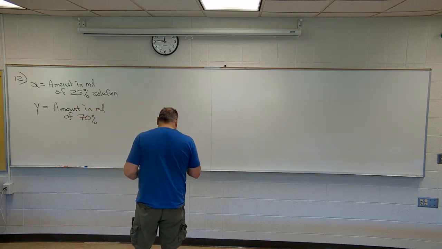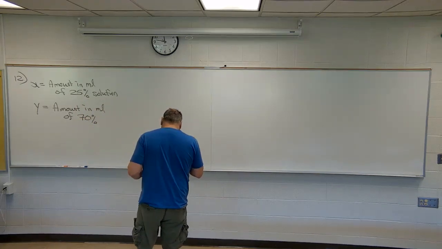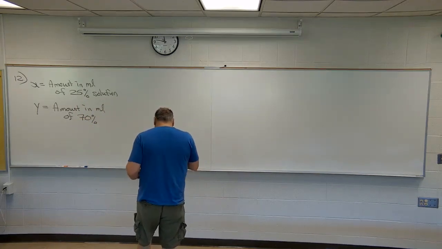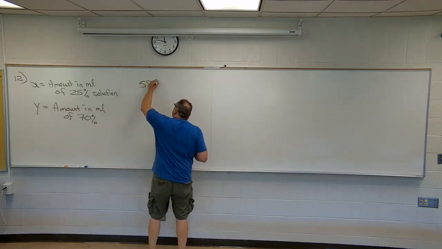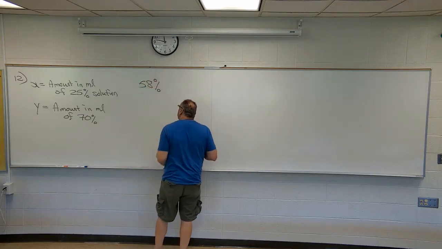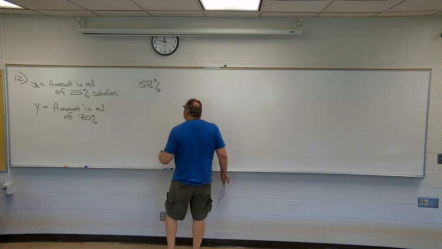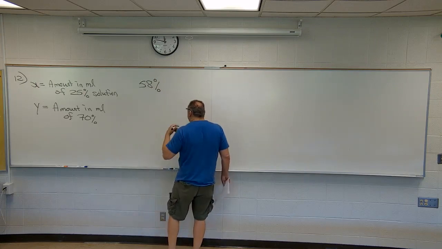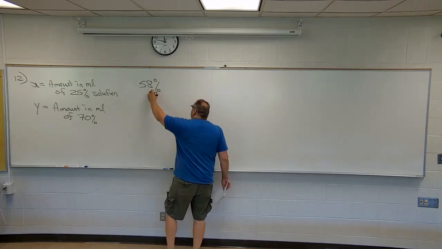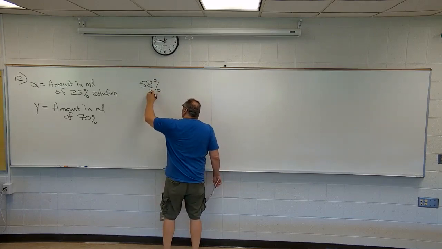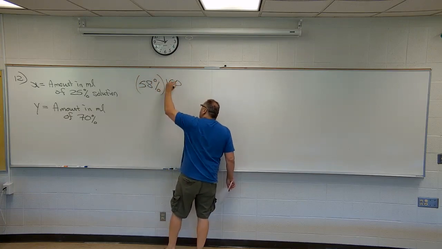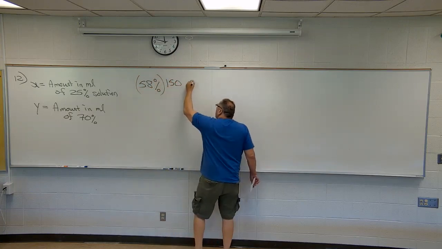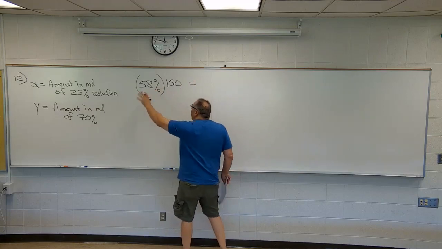So how are you going to get it? What you've got to find out is you want a 58% solution. That means the pure amount of substance A has to be 58% of the volume that's given. 58% of 150 milliliters is going to give you the pure amount.